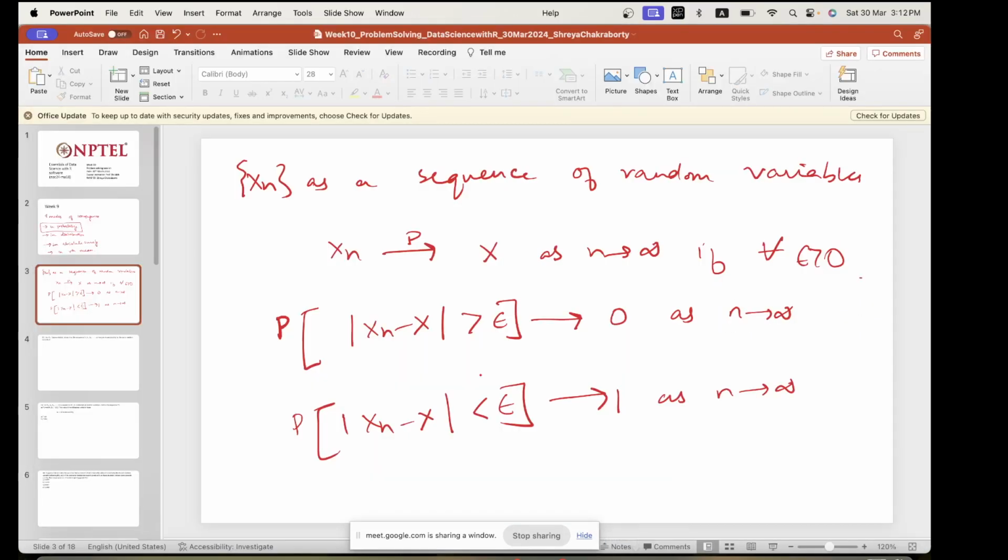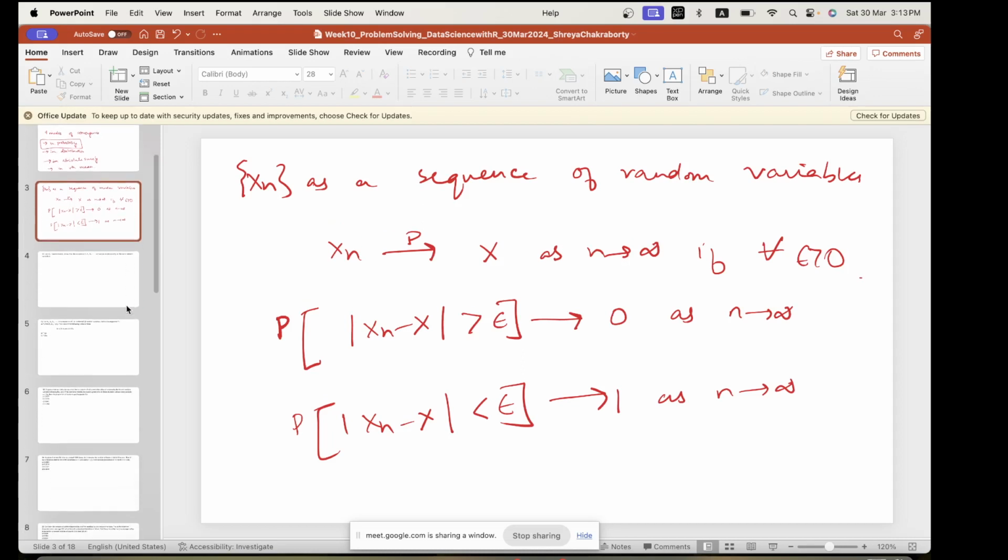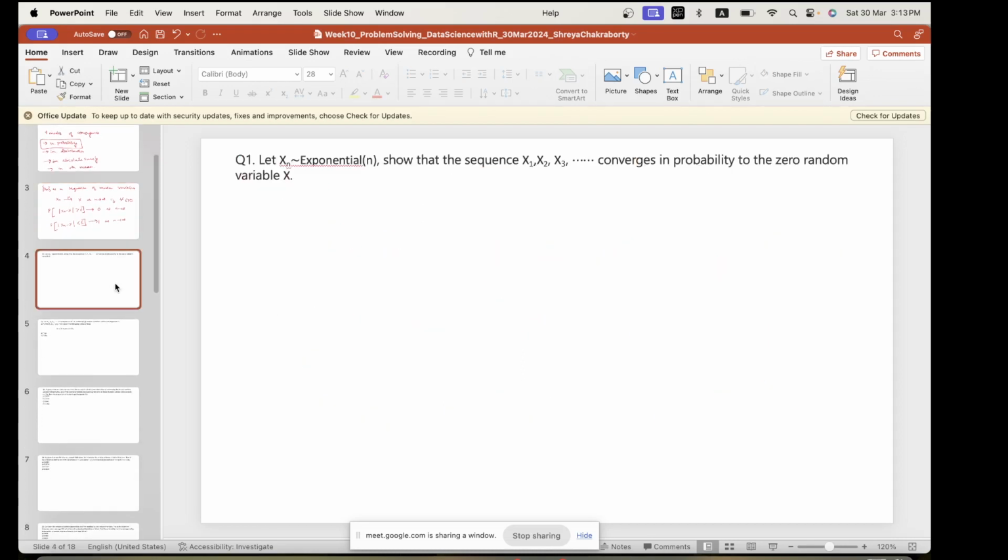This was the idea behind convergence in probability. And so let us solve a few sums to demonstrate this idea.